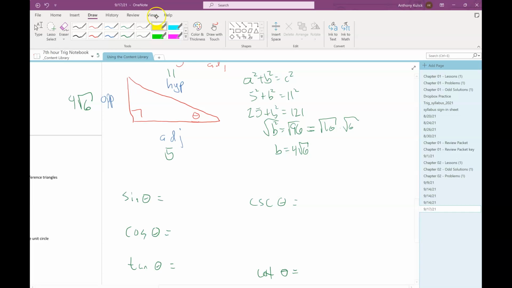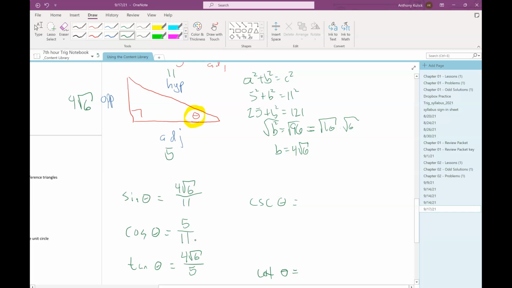So relative to my angle theta, sine is opposite, so that's the 4 root 6, over hypotenuse, that's the 11. Cosine is adjacent, that's the 5, over hypotenuse, that's the 11. And tangent is opposite, that's the 4 root 6, over adjacent, that's the 5.